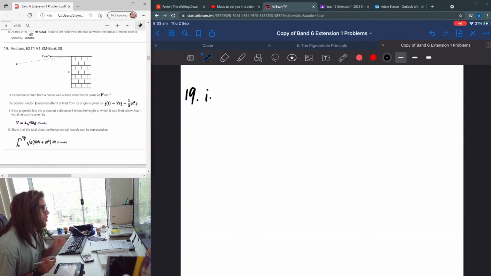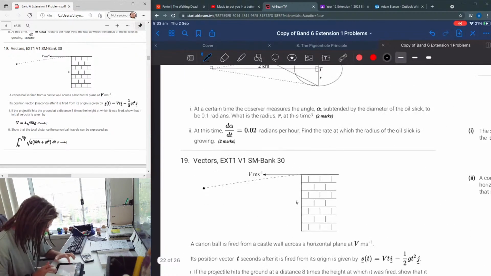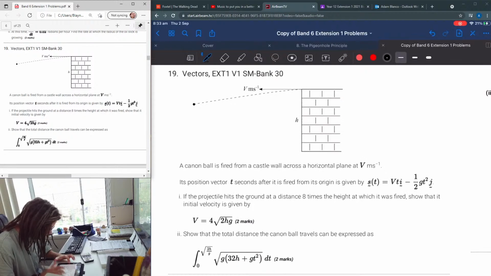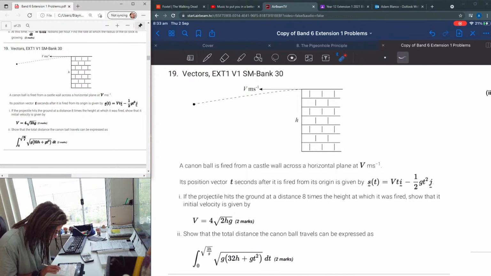Except for the picture. I don't like the picture in this case, and you might be able to shed light as to why they've done it like this, but I can't figure it out. So the cannonball's fired from a castle wall at that velocity, which they want us to find or prove. It's fired from its origin, so that's basically implying that this is the origin.